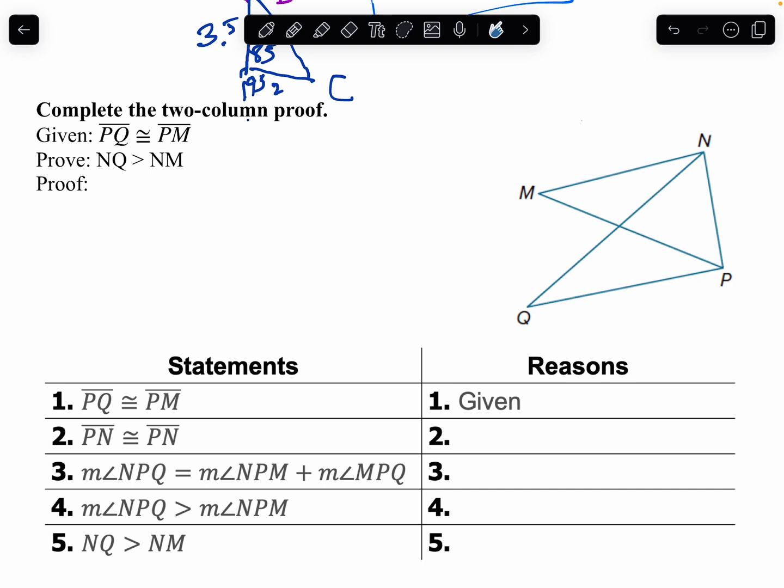Mark down PQ is the same as PM. Oh, that's kind of hard to show, isn't it? So I'm going to go PQ is the same. Did I type that in wrong? Oh, yeah. PQ is the same as PM.